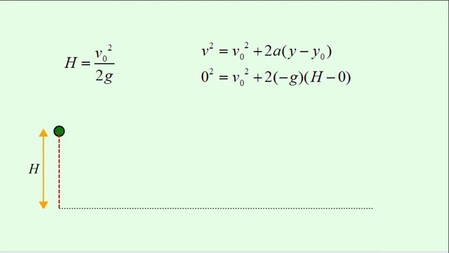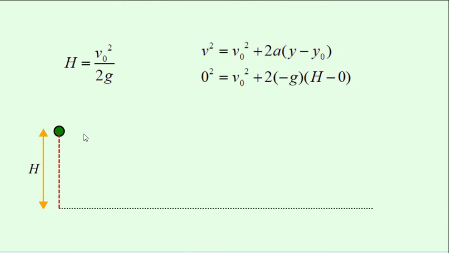Also, let's note down the basic height formula when a ball is launched vertically upwards with an initial velocity of v0. The height to which the ball rises is v0 squared over 2g, and this is also a formula that you should try and remember. And in case you don't, then apply the third equation of motion along the y-axis, which is the axis along which the ball rises.